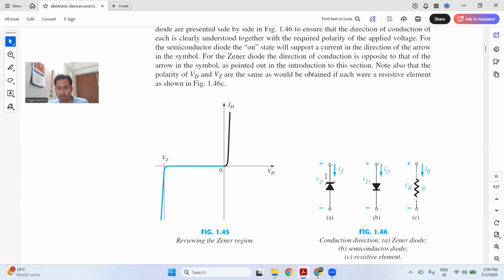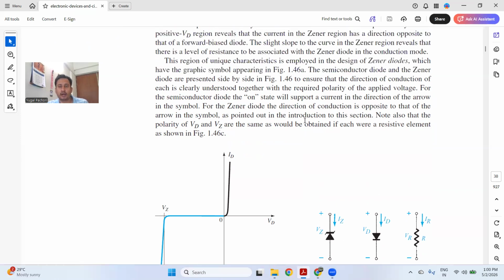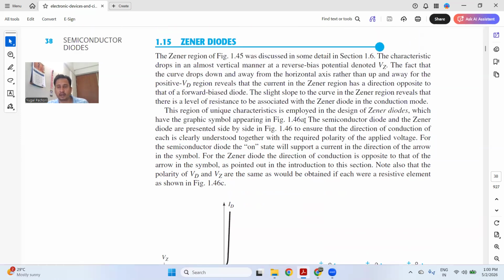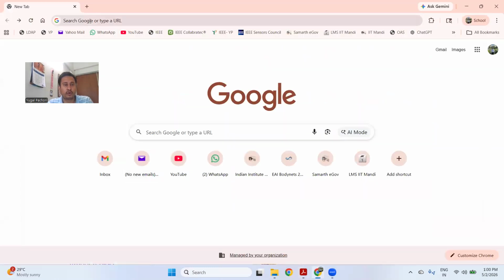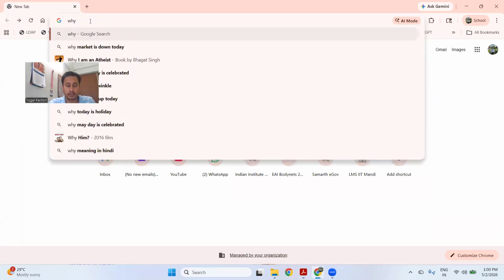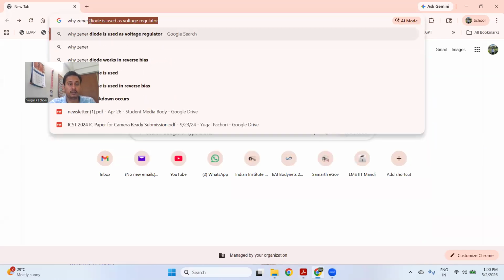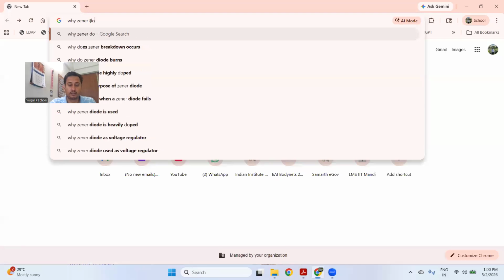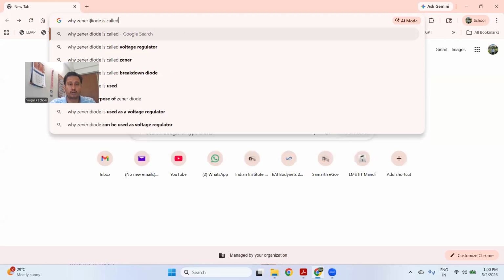Just look at the symbol of the Zener diode. It is almost a Z kind of thing, an inverted Z which is looking here. That's why it is called a Zener diode. Maybe it is named after the inventor or something like that. Let me check on Google why the Zener diode is called Zener.